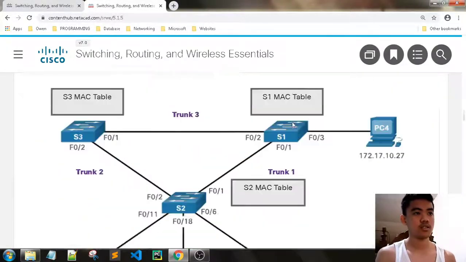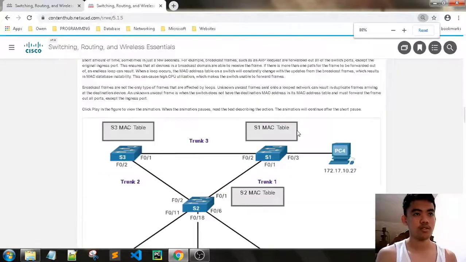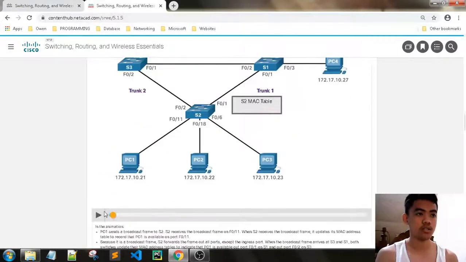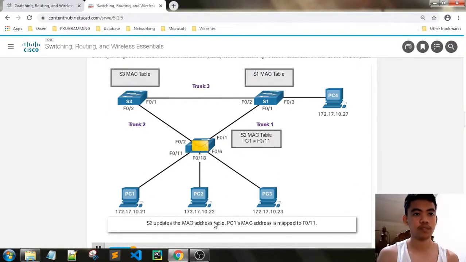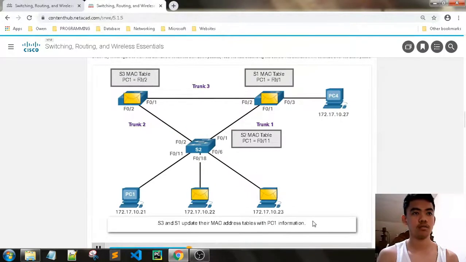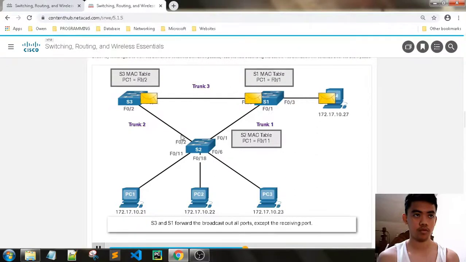As you can see, let's play this animation. It sends to S2. I think this is a broadcast message. This is a scenario wherein we don't have STP configured.